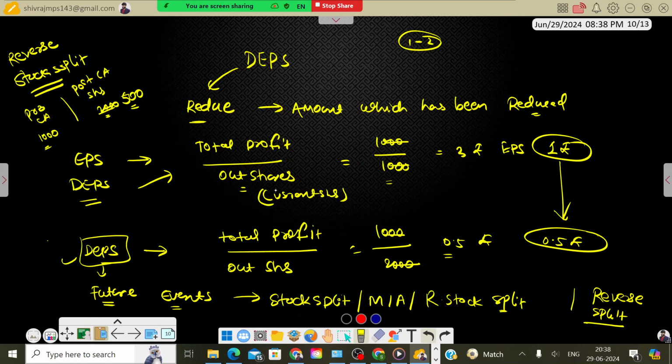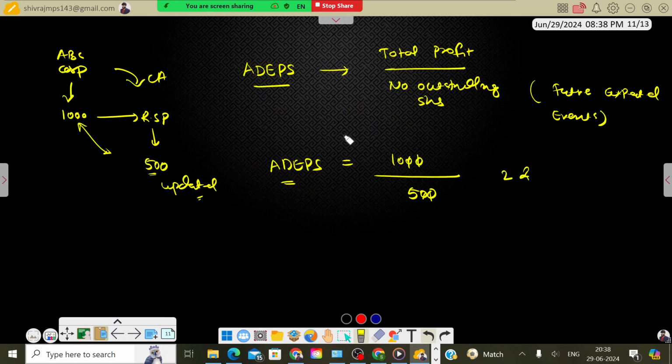Both are just two different approaches, so that doesn't mean one will differ. Here as per EPS, your profit would be somewhere around 1 rupee per share, and as per the anti-dilution method, your per share profit is 2. That doesn't mean your total profit will change.